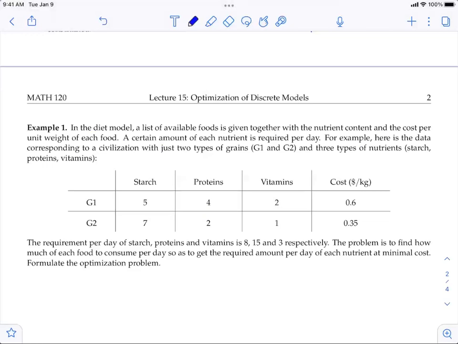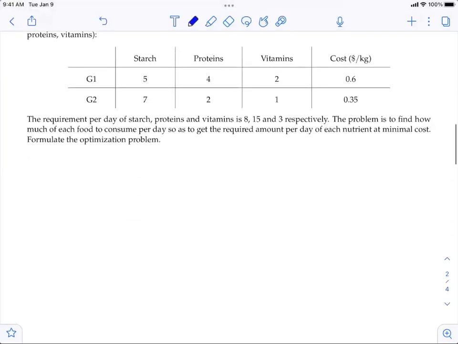First I'm going to let x1 be the number of units of grain G1 to be consumed per day.